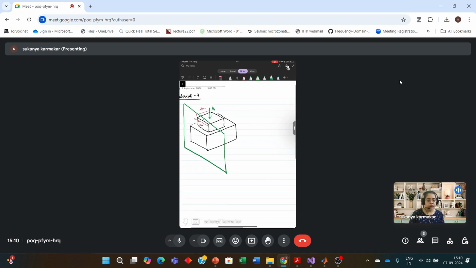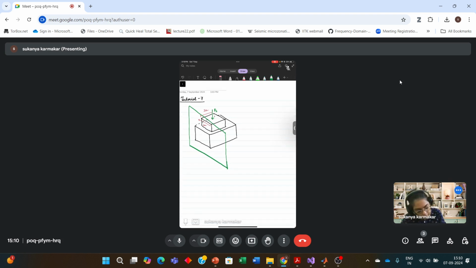Suppose this is a cutting plane moving through this block.